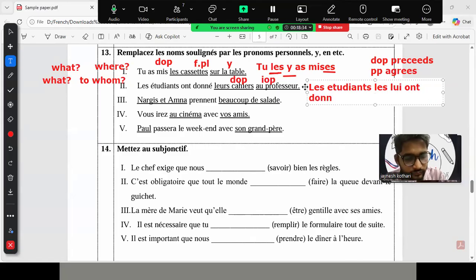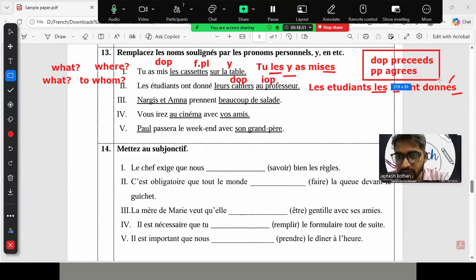We won't change that. Extra S will come because cahier is in the plural form. So that's why extra S will come over here. Again, DOP precedes, PP agrees. Remember this rule: DOP precedes, PP agrees. Whenever the direct object precedes, the past participle will agree.